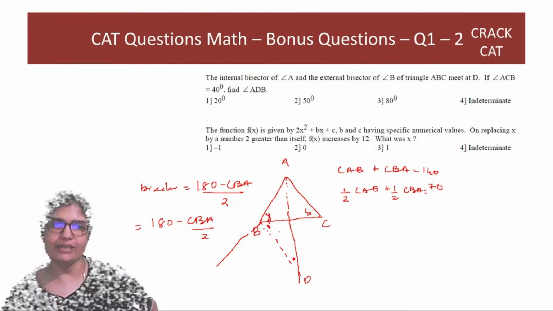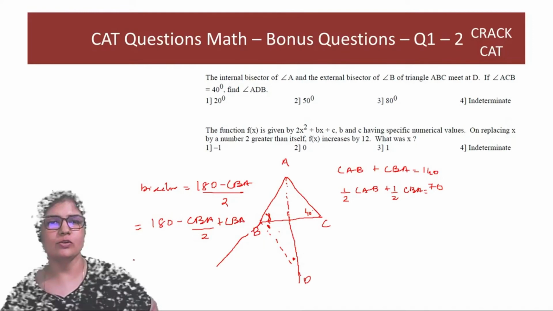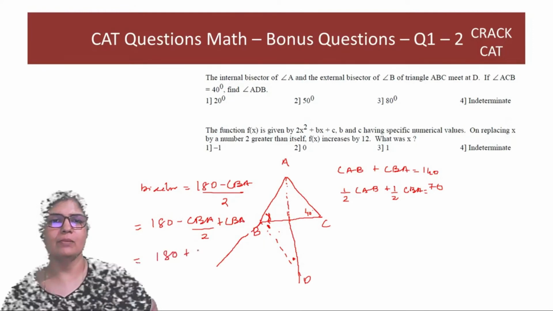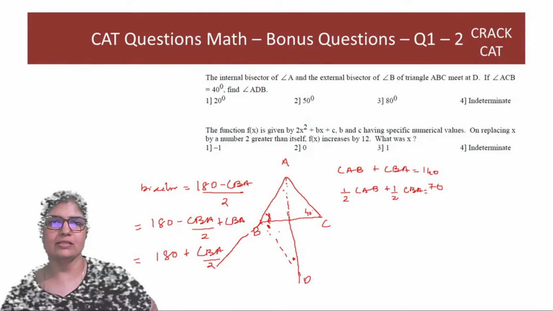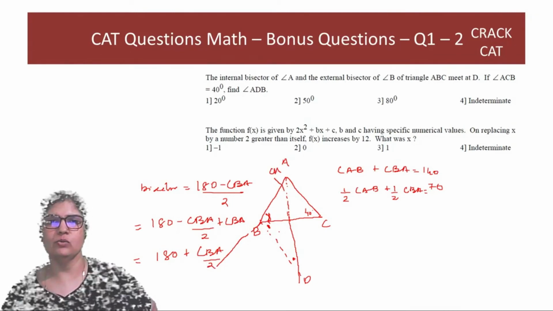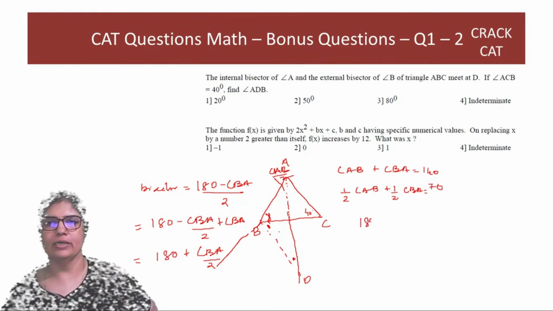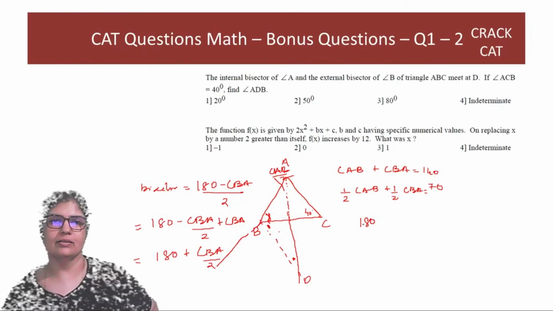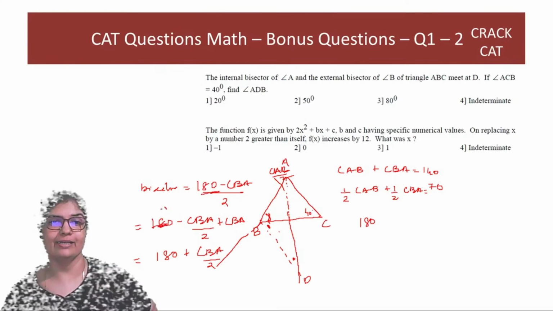तो हमें ये पूरा एंगल मिलेगा. So this is going to be 180 plus CBA by 2. So these two angles now, this is CAB by 2. This is so much. If I add both of them, I get 180. और ये sorry, ये by 2 इसका तो मैं भूल ही गई. This becomes 90.